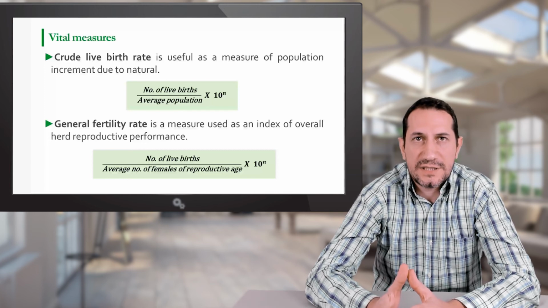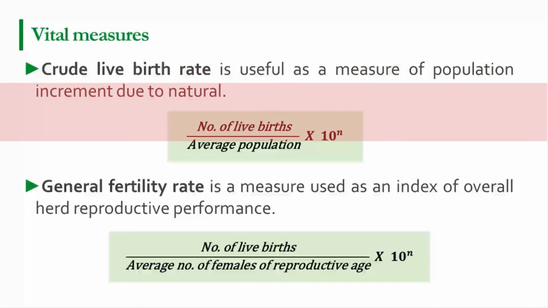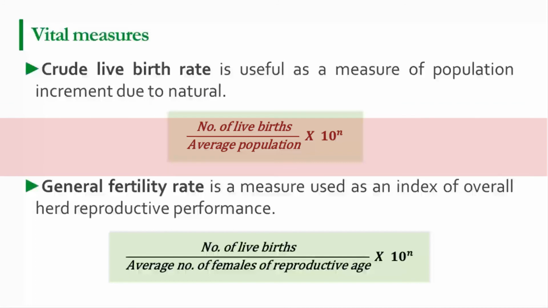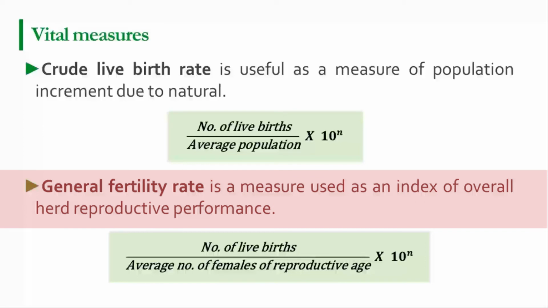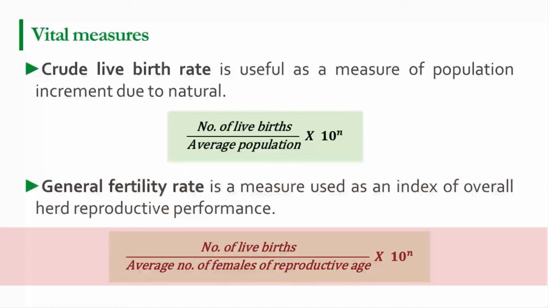For example, the crude live birth rate is a measure used to estimate the increase of the population, and it's calculated as the number of live births over the average population. On the other hand, the general fertility rate is used as an index for the herd's reproductive performance, and it's the number of live births over the average number of females of reproductive age.